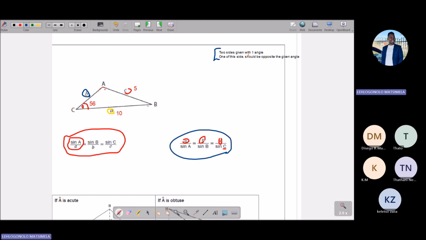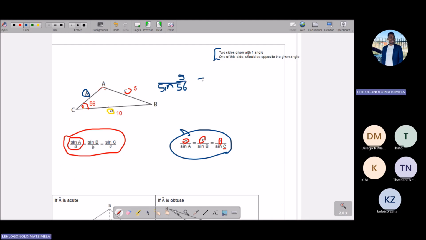So we use the sine rule. Remember, we go with this one at first. So we will have simply 5 divided by sine 56. It has to be an angle, and an angle goes with sine. So don't forget, it goes with sine.